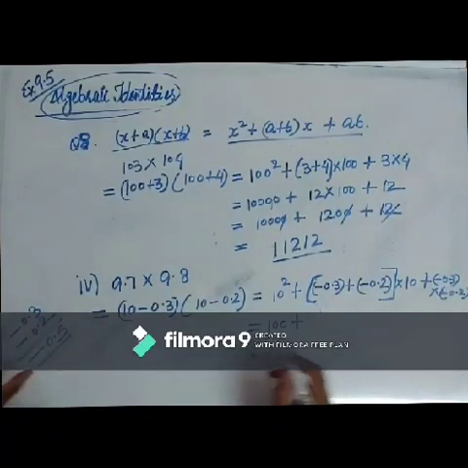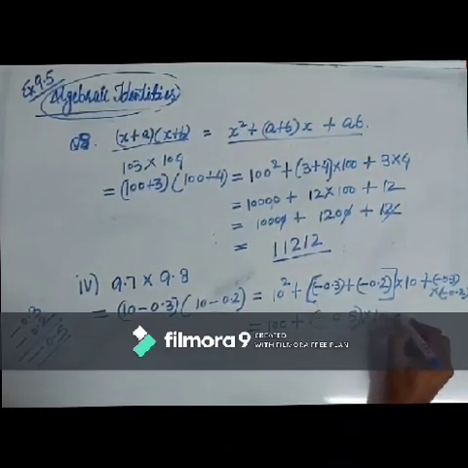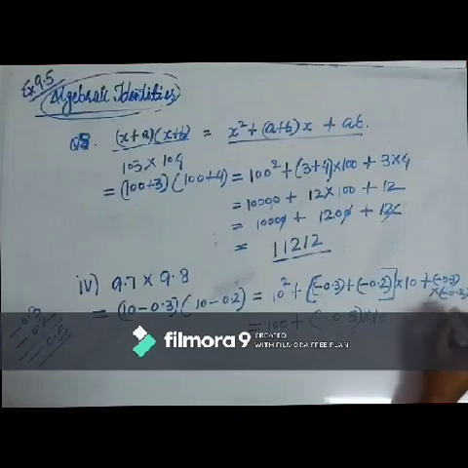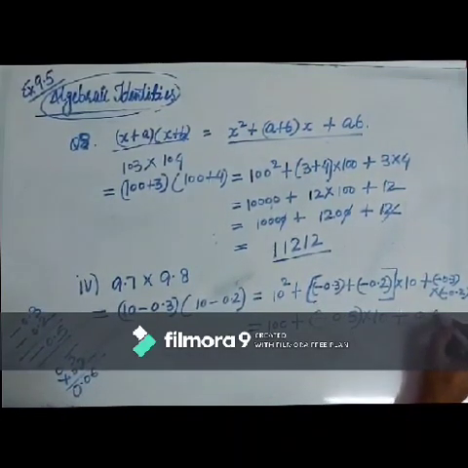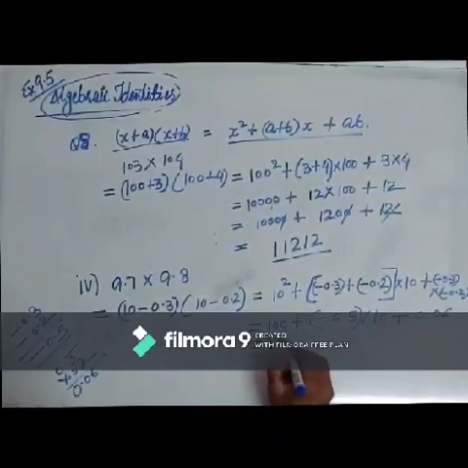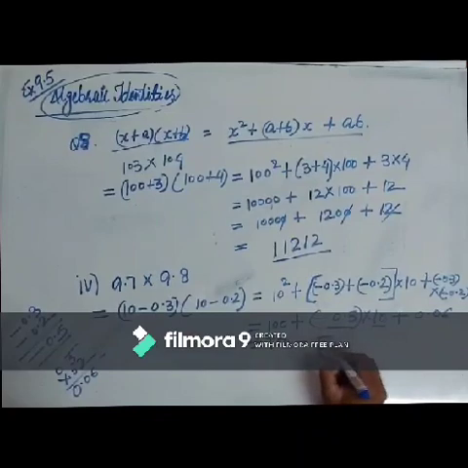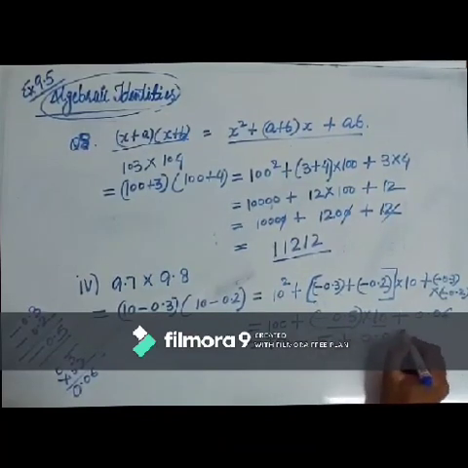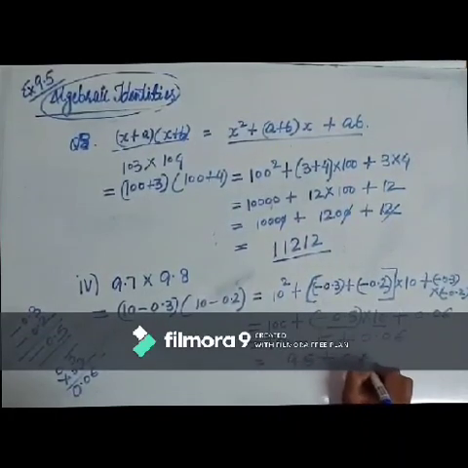So these two add up to minus 0.5 into 10, and a negative sign, multiplication by a negative sign, will give you plus. 0.3 and 0.2 multiplied will give you 0.06. So 100 minus 5 plus 0.06 is equal to 95 plus 0.06.